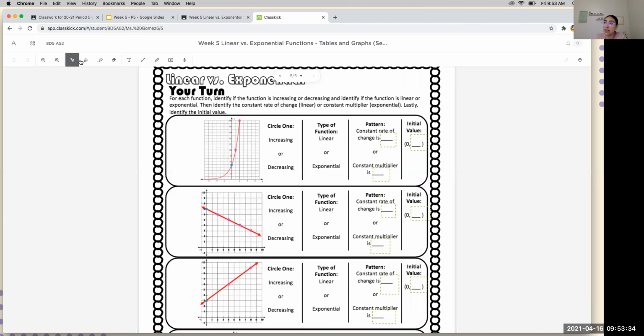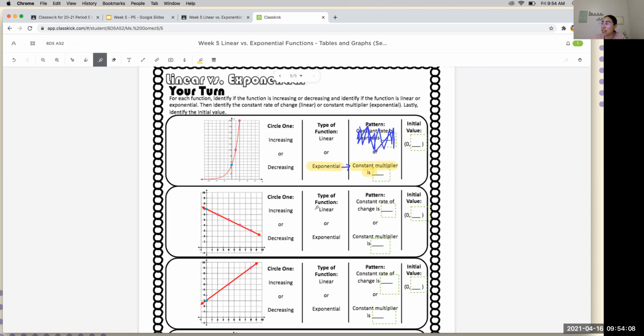Here's another thing. Some of you were telling us, well, sometimes I'm still confused if it's a multiplier or rate of change. How can I tell? Here's another strategy, which is pretty obvious. So here's the word exponential, right? If we're saying it's exponential, then it's going to have a constant multiplier. They're right next to each other. So if we're saying something is exponential, then it's going to have a constant multiplier, and you don't even have to worry about that top part.